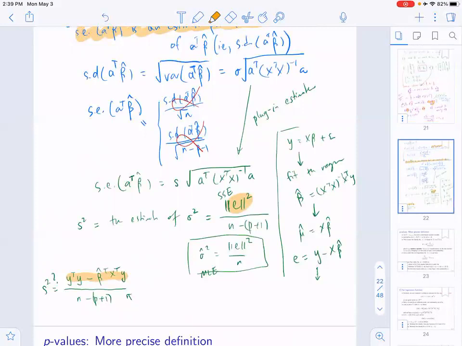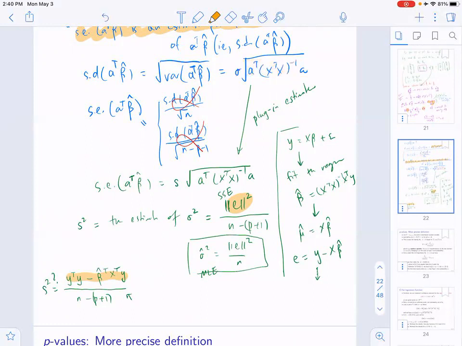So the right way is to find out what the standard deviation is of whatever quantity you're trying to build confidence intervals for. In fact, you need the entire distribution. But in our course, most of the things, not all, have a normal distribution. So you figure out the standard deviation, and then you plug in the estimate.